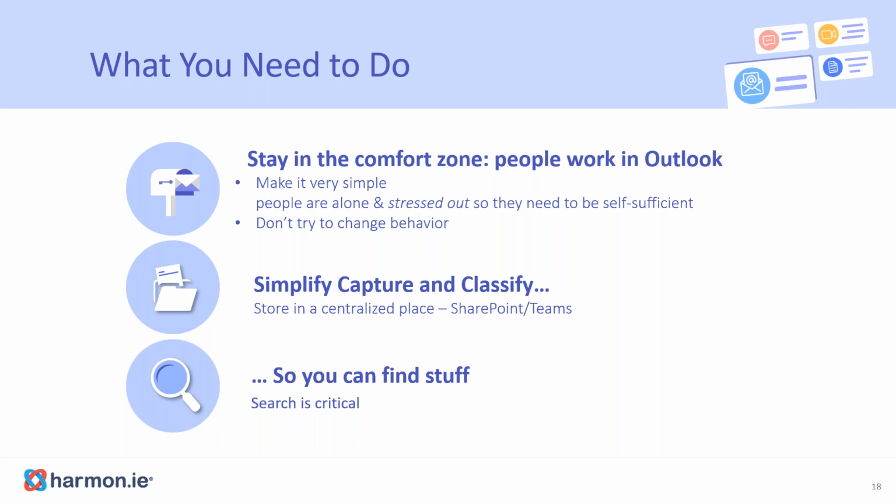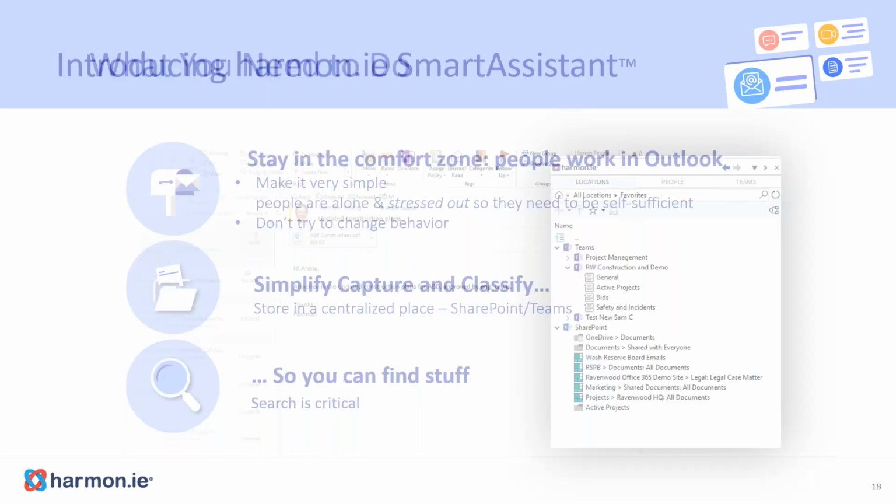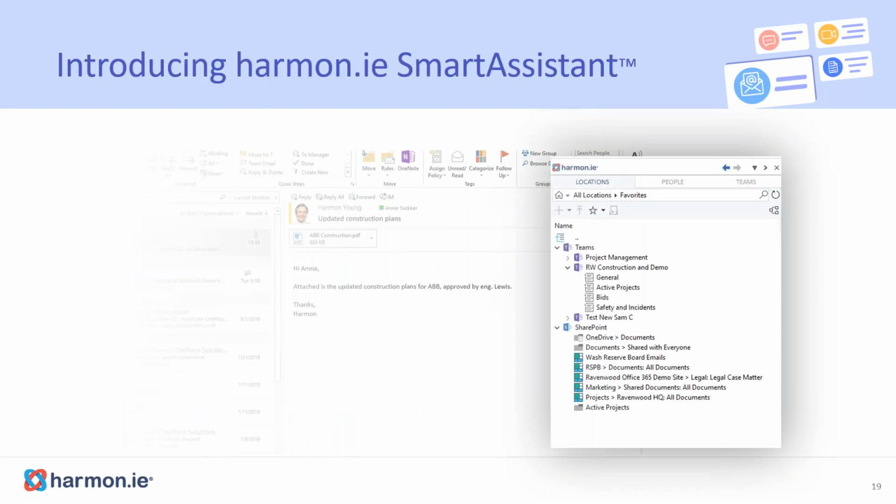Okay, so we talked about the problems, we talked about the solution, we talked about the underlying principles in order to make this work. Now what I'd like to do is a short demo of the Harmony Smart Assistant, which is a new tool built on Harmony's existing Harmony Outlook plugin tool, which is being used by thousands of organizations today, and it just makes life totally simple, and a picture tells 1,000 words.